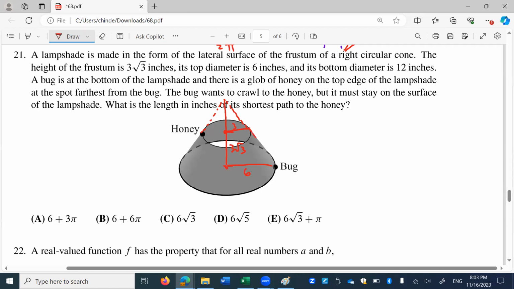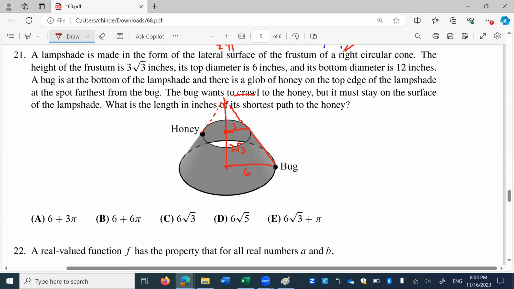And so by similar triangles, right? This top triangle is like half as big as the bottom. So the entire height of the cone, including the tip, is going to be 6√3.